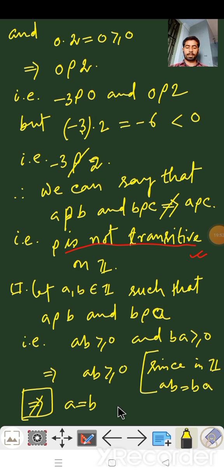For example, if we take a equals 2 and b equals 3, then 2 times 3 equals 6, which is greater than or equal to 0, and 3 times 2 equals 6, which is greater than or equal to 0, but 2 and 3 are different. That's why rho is not antisymmetric.